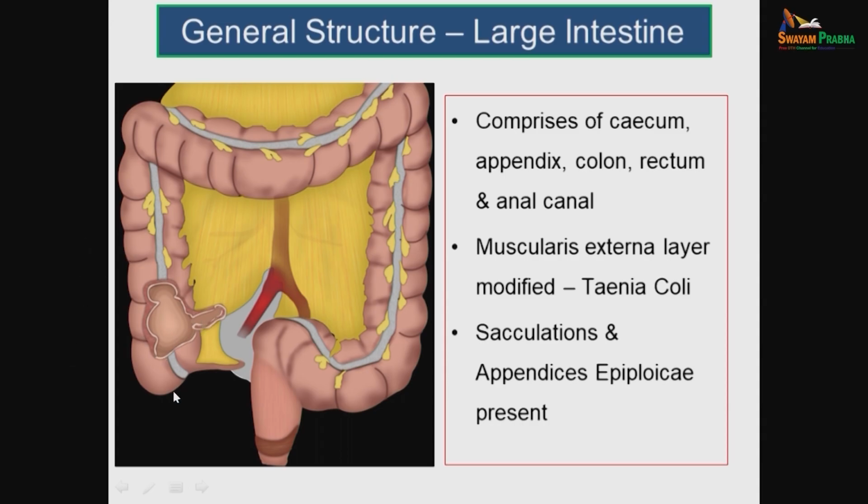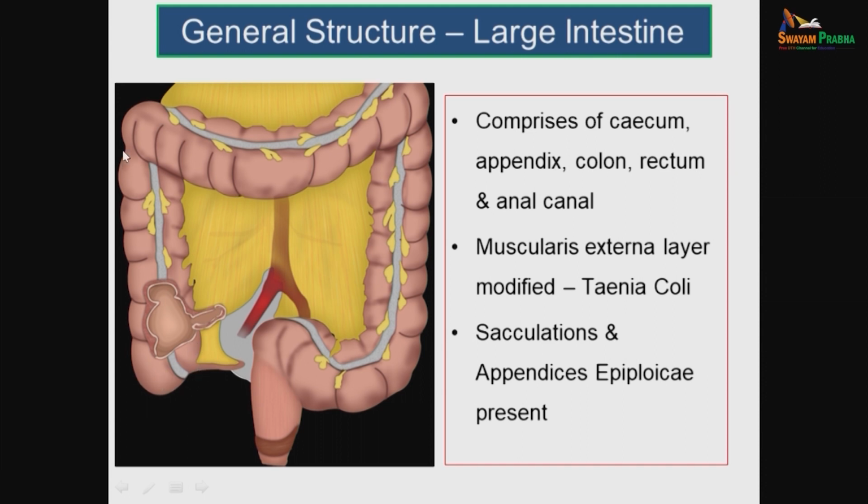Here is the dilated part of the large intestine, which is the beginning, the cecum. From the cecum, you see a small projection here. This projection is the appendix. Appendix means an addition, so an additional structure projecting from the cecum is the appendix.